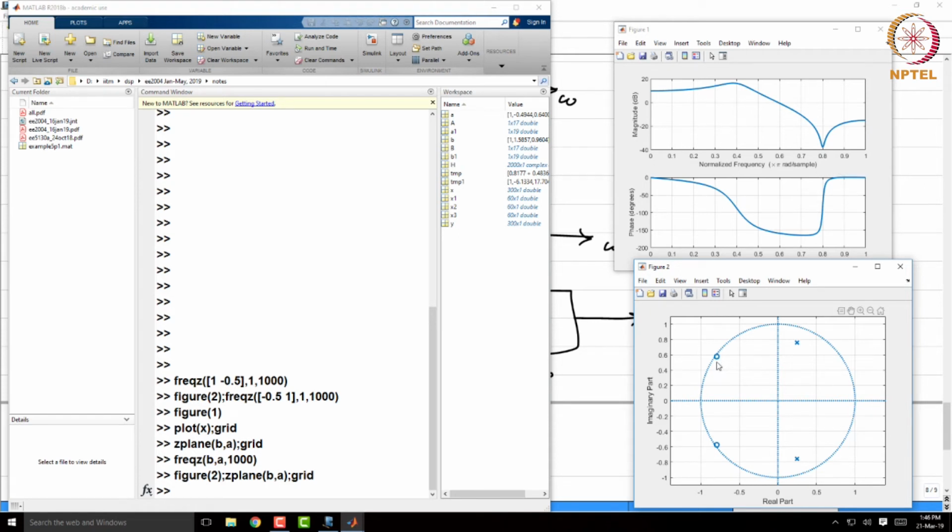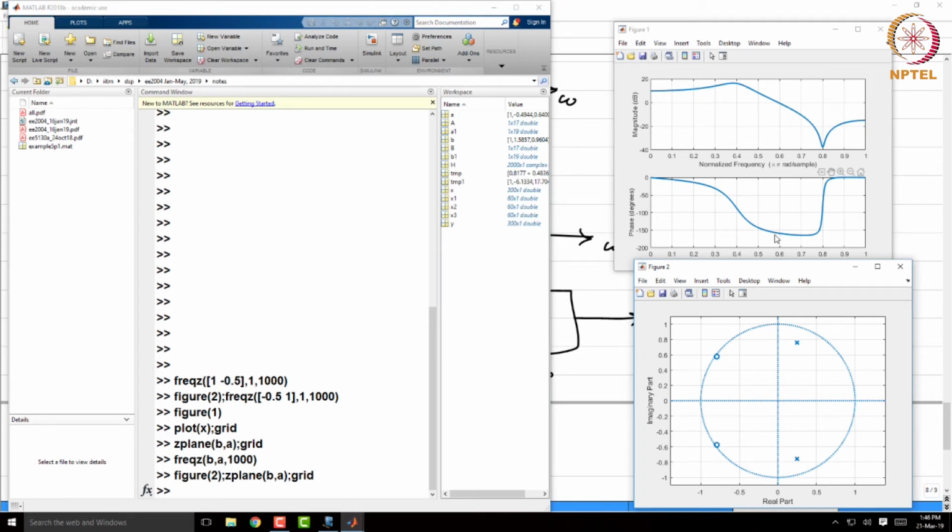So, closer the root is to the unit circle, more rapid will be the phase response change. So, this change in phase response is due to this pole, this change in phase response is due to this 0, all right. So, this is the system and its frequency response, pole 0 plot and its frequency response.